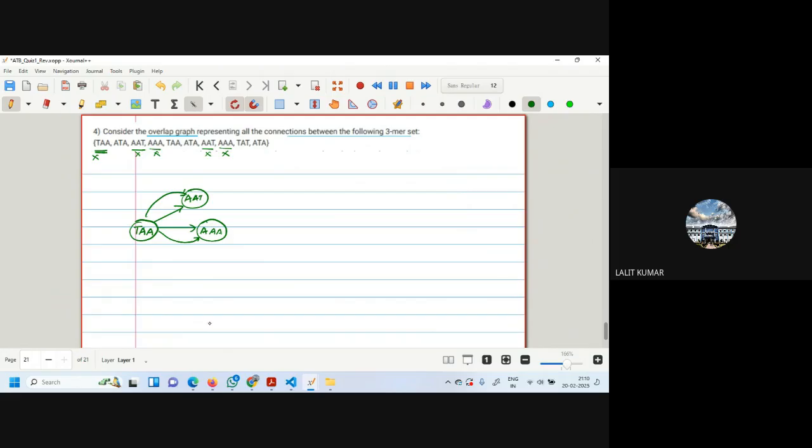So we have covered this. Now from AAT we can go to AT. There are two ATs, so from here I can go to AT. But if I'm not wrong, Jagmohan, in this we have to write down all these as separate k-mers when we build the overlap graph.